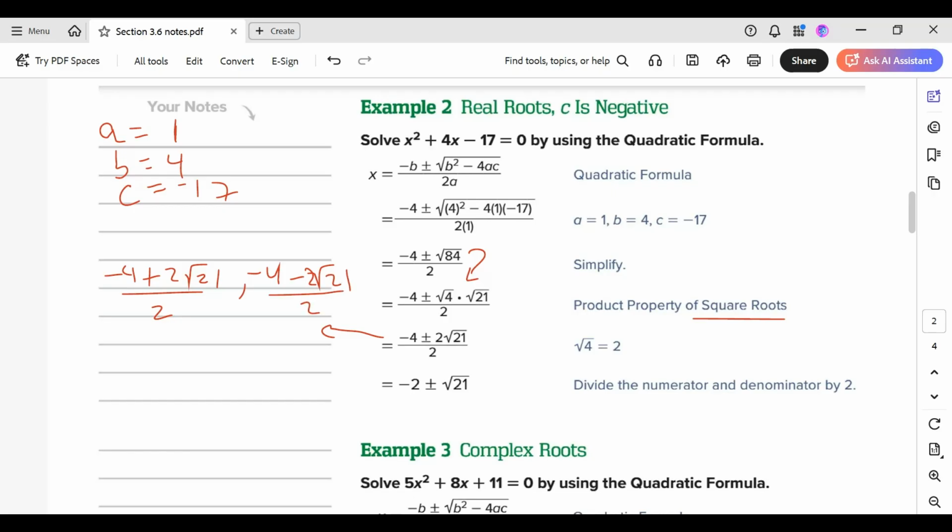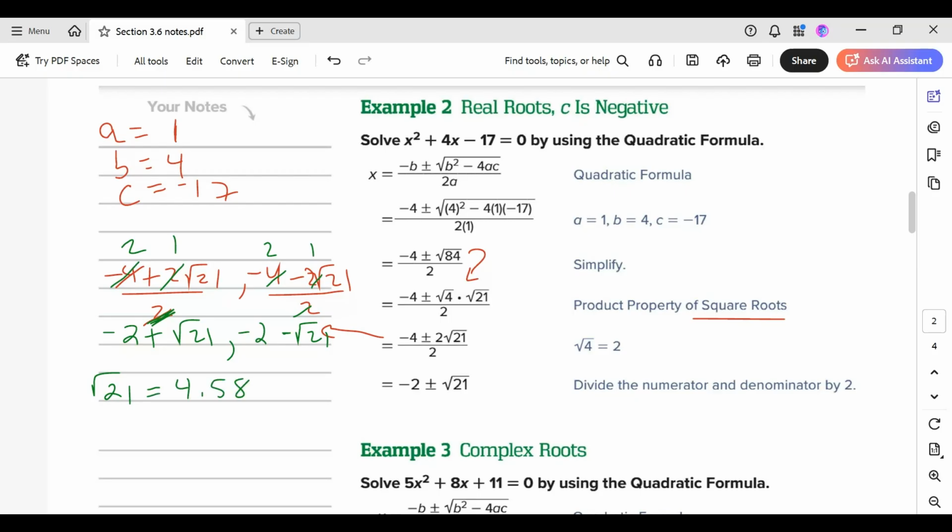We reduced our fractions. 2 goes into 4 twice, and into the 2 once. That's where they got negative 2 plus the square root of 21. Again, here we divided by 2 and got negative 2 minus the square root of 21. The square root of 21 is about 4.58.